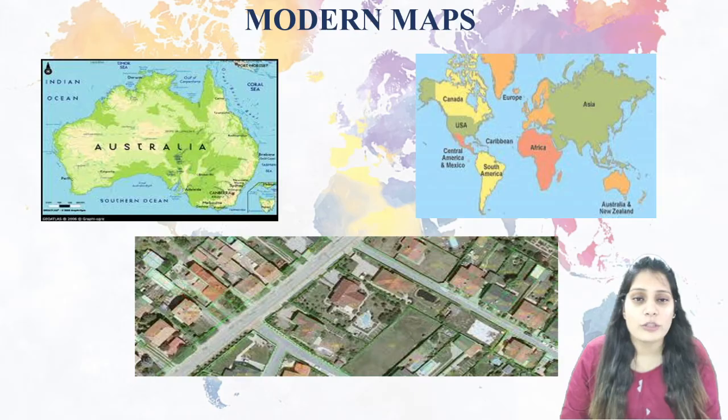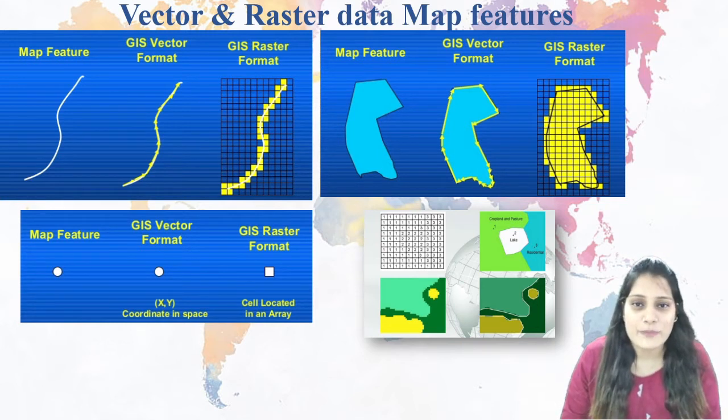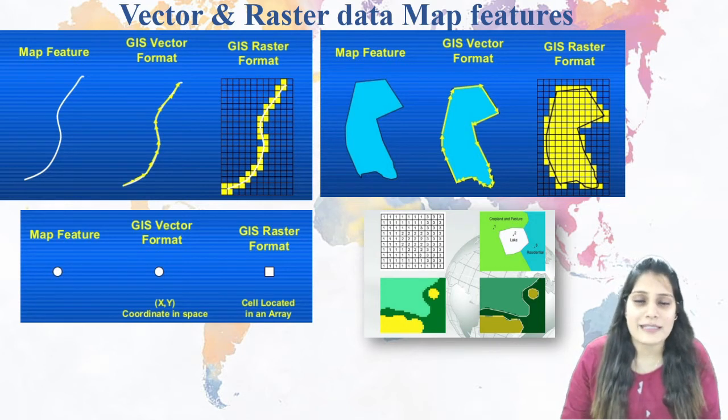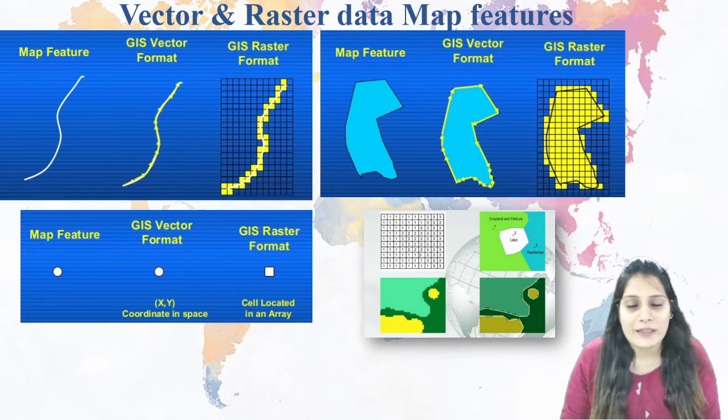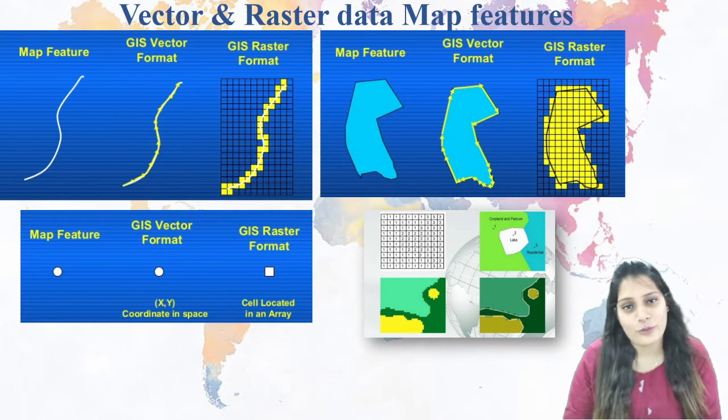Now, before going further, I would like to give you the thing that is known as vector data and raster data. You are very much aware of this. We have already discussed what is vector data and what is raster data. When I talk about line data, you can see the GIS vector format and the raster format.